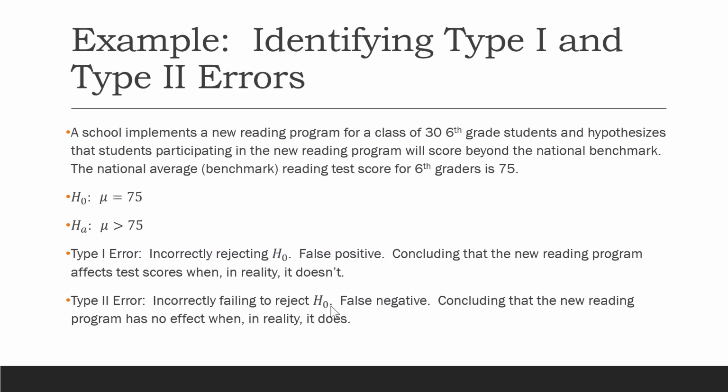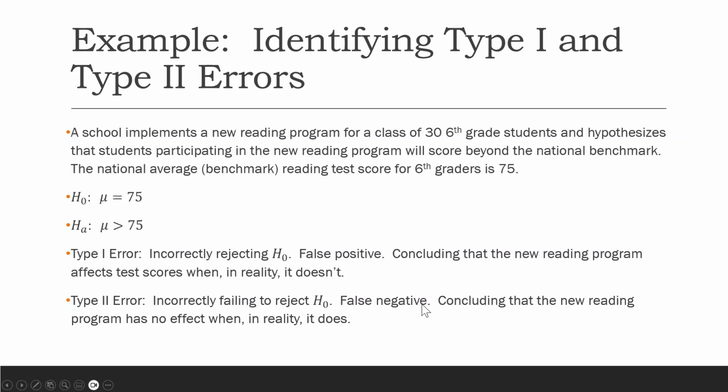That means the diagnostic test for seeing if someone has a disease in their body comes out negative because it didn't detect anything. When we do a hypothesis test and we fail to reject, we didn't detect enough evidence in our data to say that something's there. So it is a negative result. However, we've incorrectly failed to reject. That is why we have a false negative here. So a type 2 error is like a false negative.